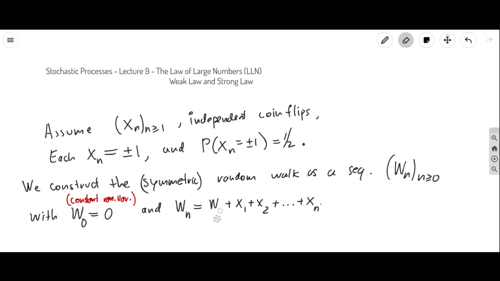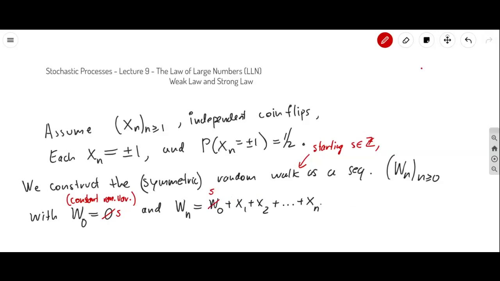Why am I writing it like this? Well, because more generally, you can talk about a random walk, and you can add over here, starting at some integer s. So s is some integer. So if you start at s, then you will just modify this, and you would say that W0 is the constant random variable, which is just equal to s.